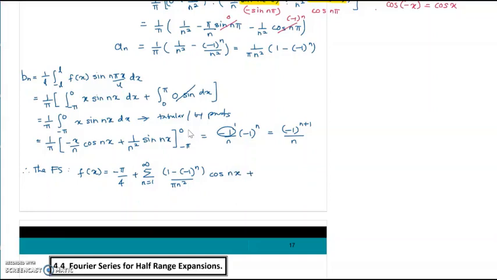So bn is negative 1 power of n plus 1 over n multiplied with sine n pi x over L. So what's left is just sine nx. Okay, so everything here is in the summation term. So that's the Fourier series for the function given in example 7.